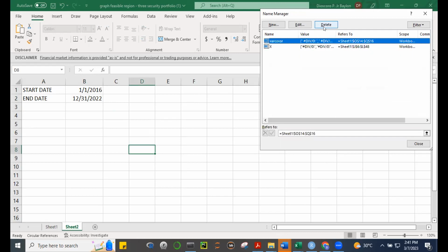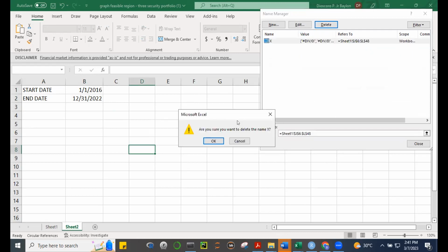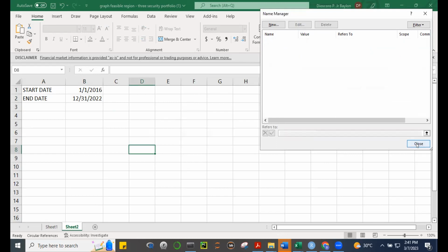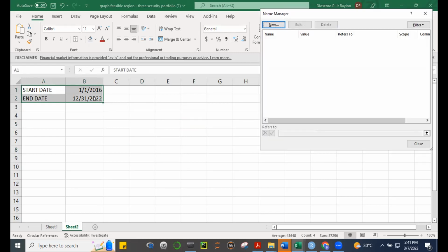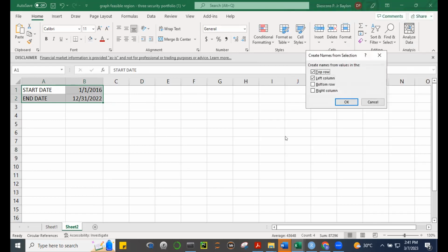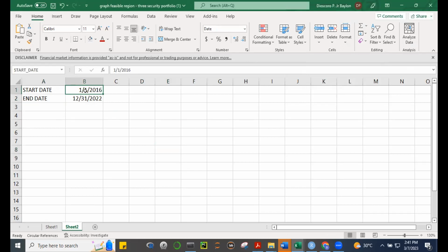Okay, no more names here. So let's give this a name: Control Shift F3, and the name is on the left column. So this one now has the name start date, and this one has the name end date.